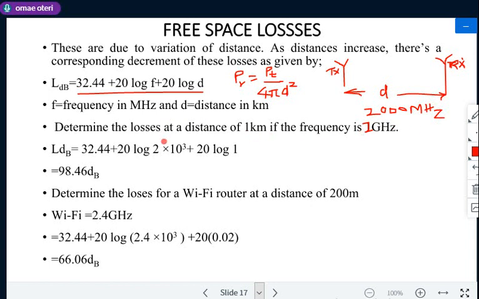And if you put the value 2000, 2 times 10 to the power 3 here, you need to confirm whether the answer you are getting is actually 98.46. You confirm from your calculators.